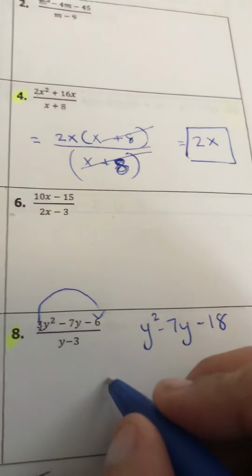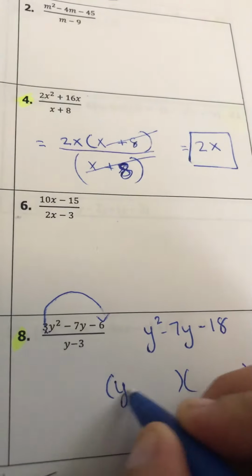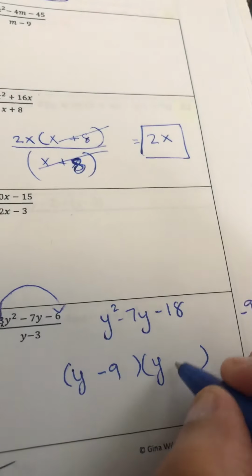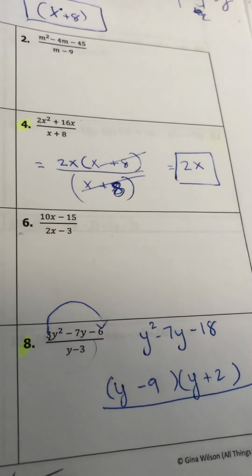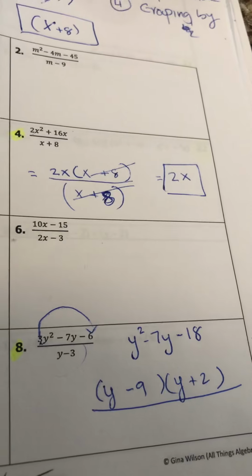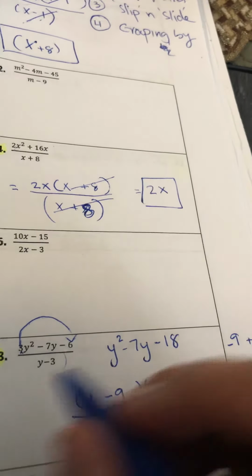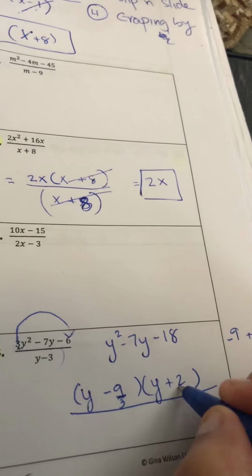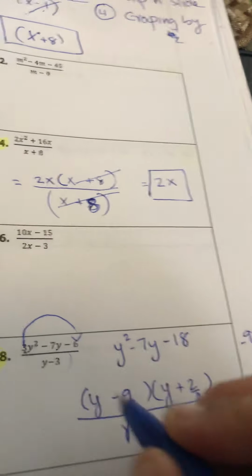So my two factors would be y minus 9 and y plus 2 divided by, don't forget to put this, don't forget to divide by the original number 3, and here I will get y minus 3, which I copied down from here.